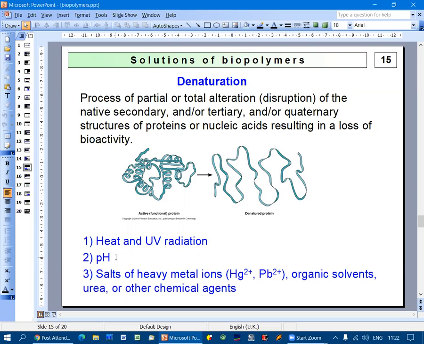It can be caused by addition of salts of heavy metals and organic solvents.